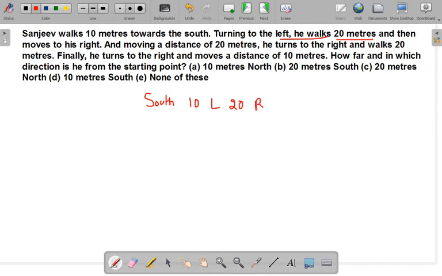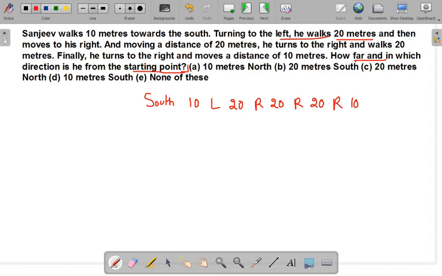He turns to the right and walks 20 meters. Finally, he turns to his right and moves a distance of 10 meters. How far and in which direction is he from the starting point?